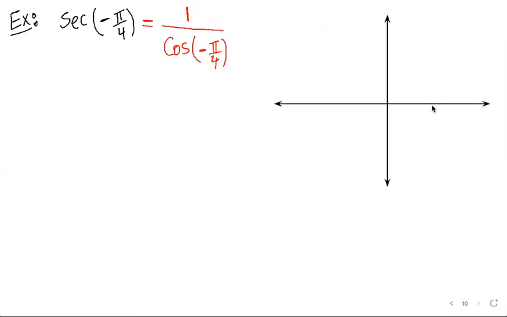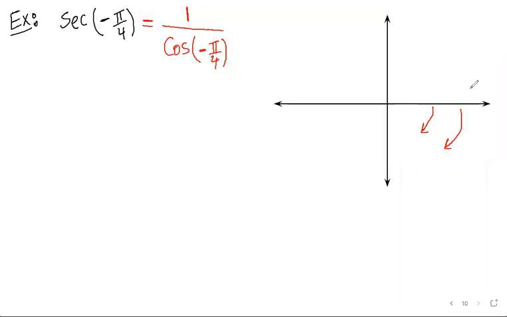We go around clockwise, like this. Why? Because it is negative. So negative means the direction. We start like this, clockwise. So negative pi over 4 is an acute angle.